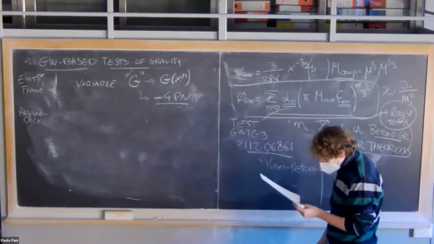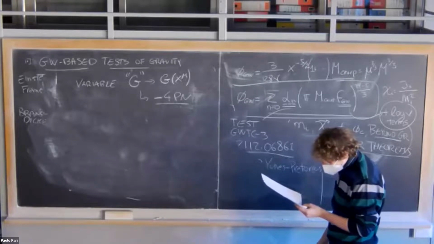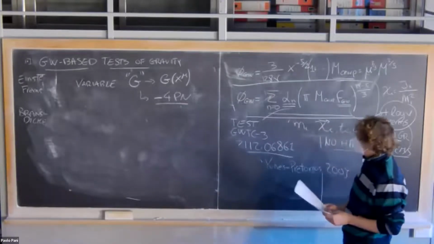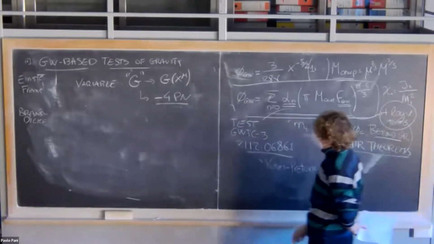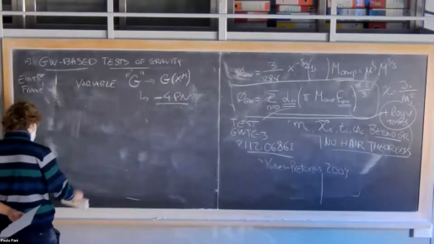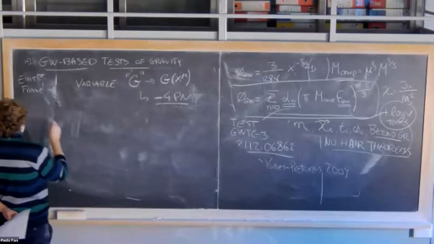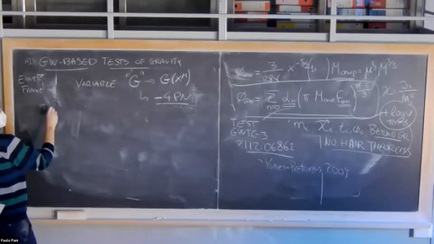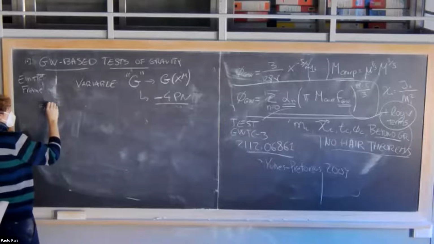All right. So let me now mention some more corrections that can be used to test GR at this level. And perhaps among them, one very important one are the multipole moments.